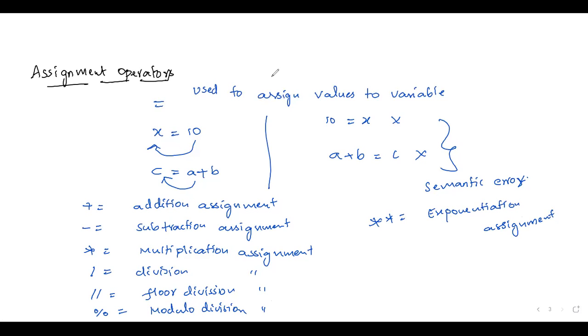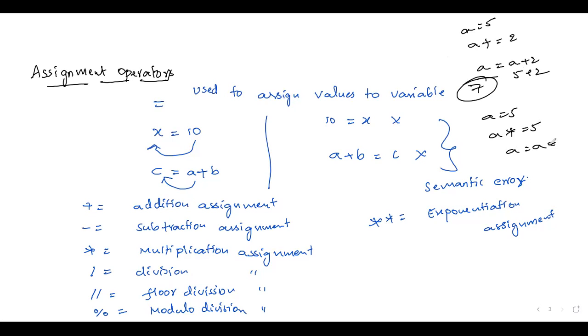Now we are going to discuss addition assignment, plus equals 2. The value of a we have is 5. How we evaluate this is a equals a plus 2. Already we have the value 5, so 5 plus 2 gets assigned as 7. Similarly, with a value of 5 and a multiplication assignment of 5, a equals a into 5, so we get 25 as the value of a.